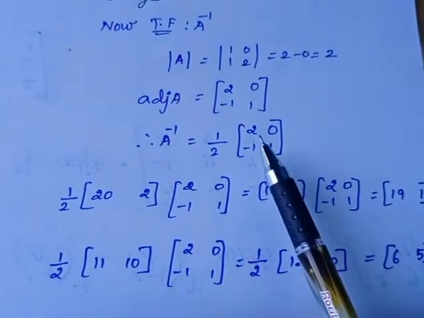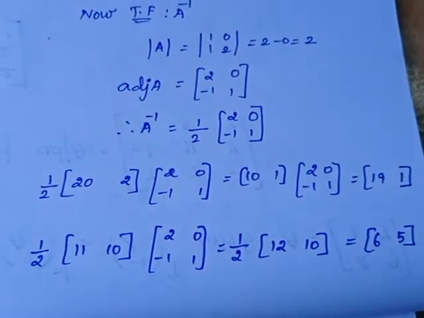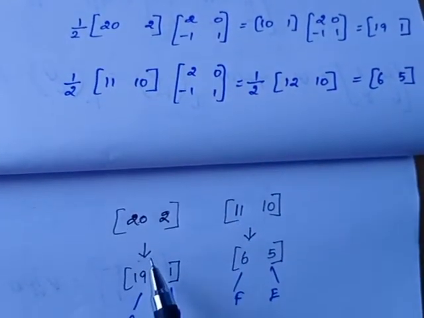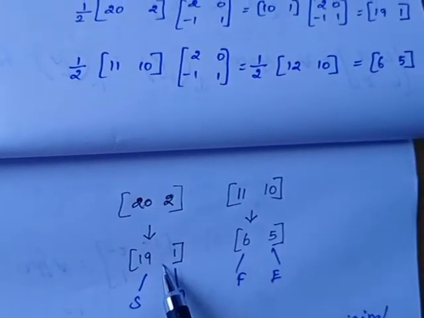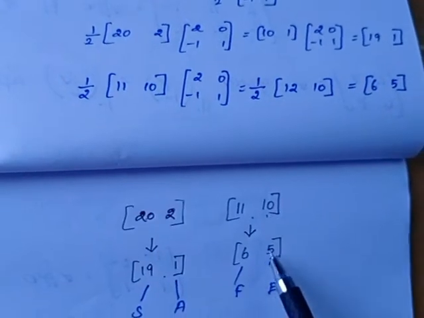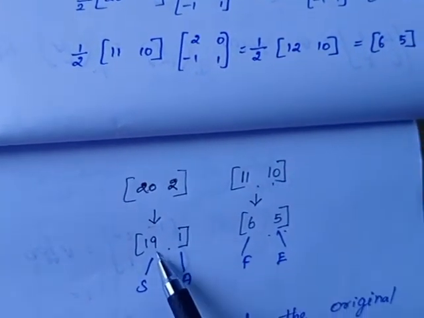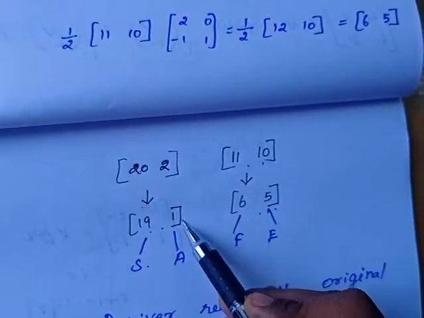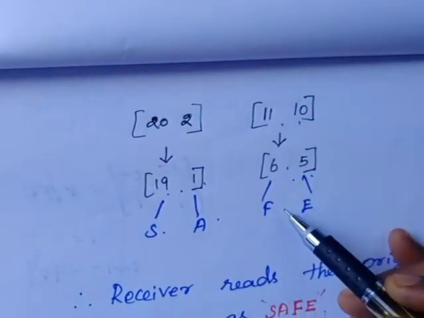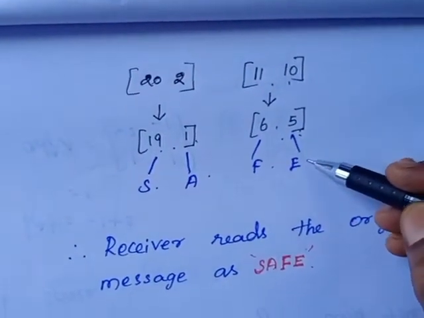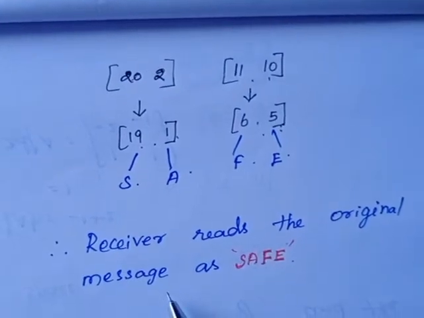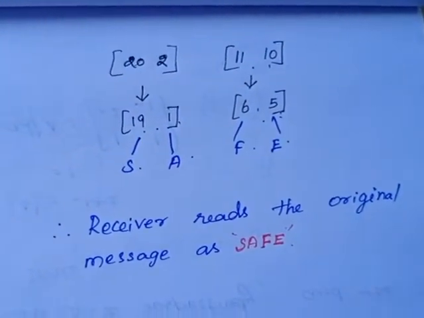So this is the decryption matrix. So 22 is equivalent to 19 1 and 11 10 is 6 5. Here 19 stands for S, 1 stands for A, 6 stands for F and 5 stands for E. So the receiver reads the original message SAFE.